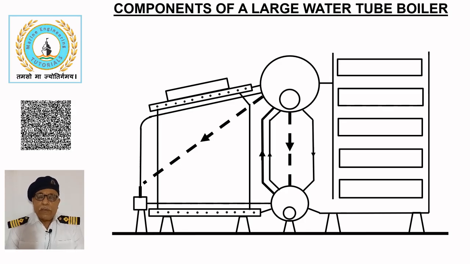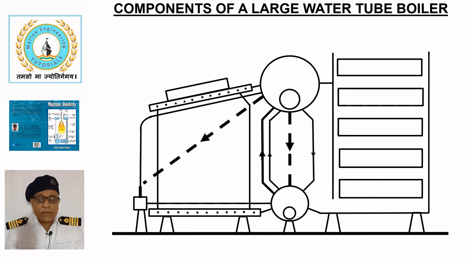The main components of a water tube boiler include a large furnace, a steam drum, a water drum, and headers, all interconnected by various types of tubes.